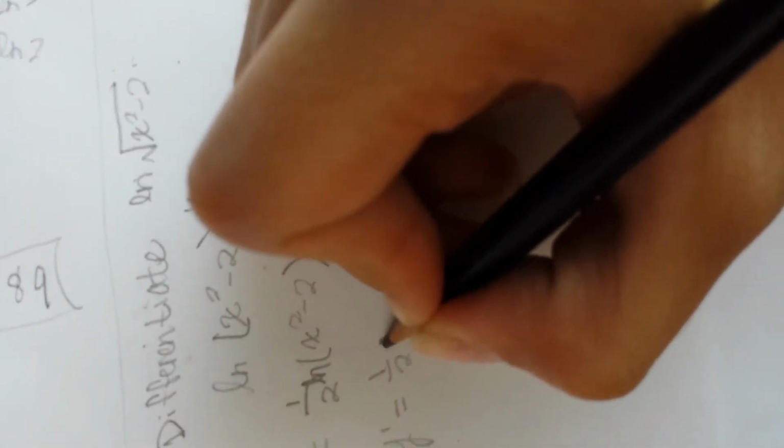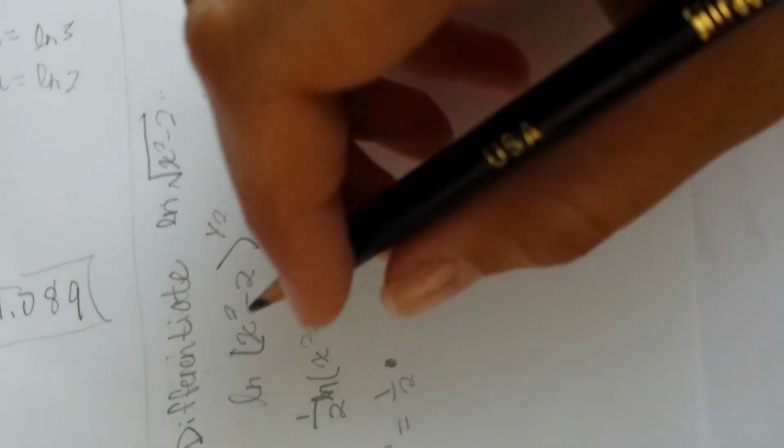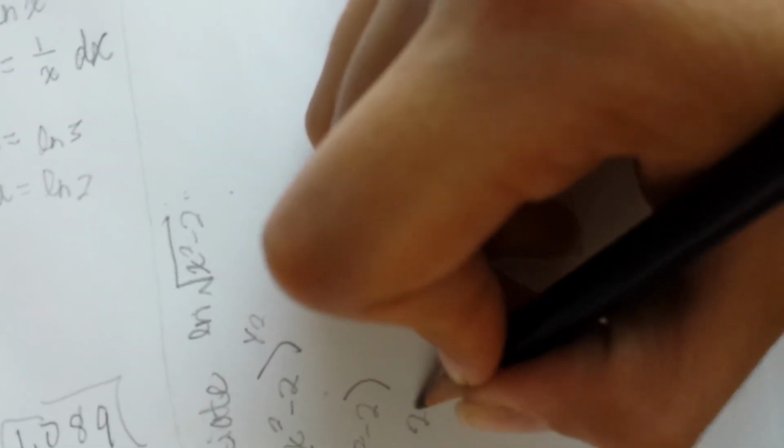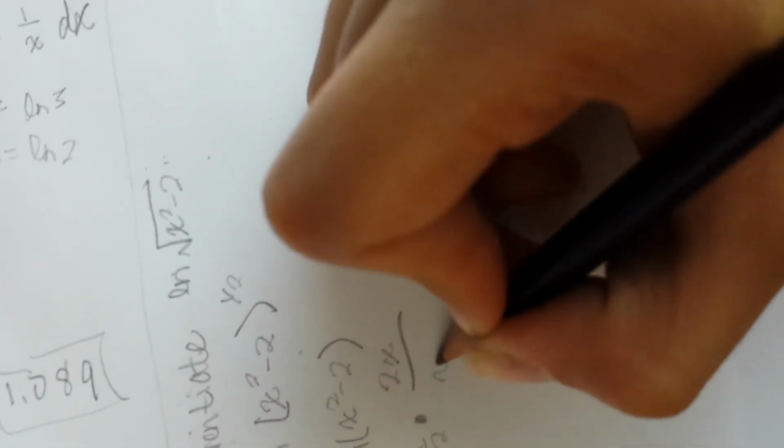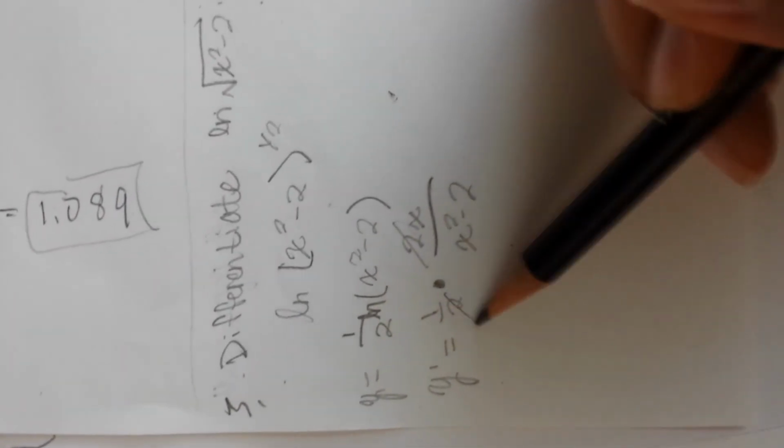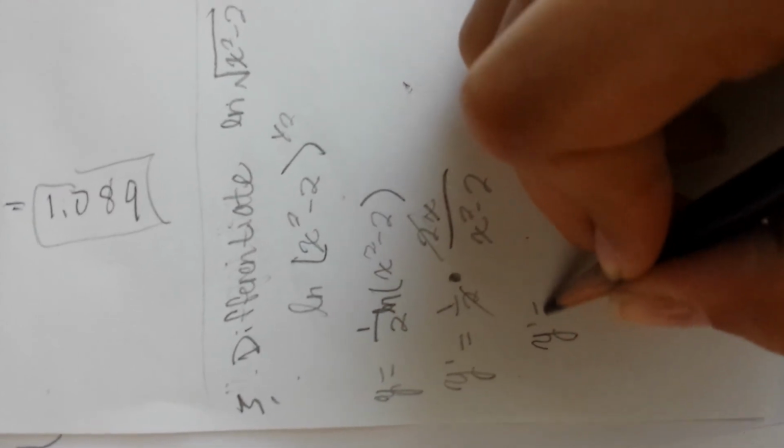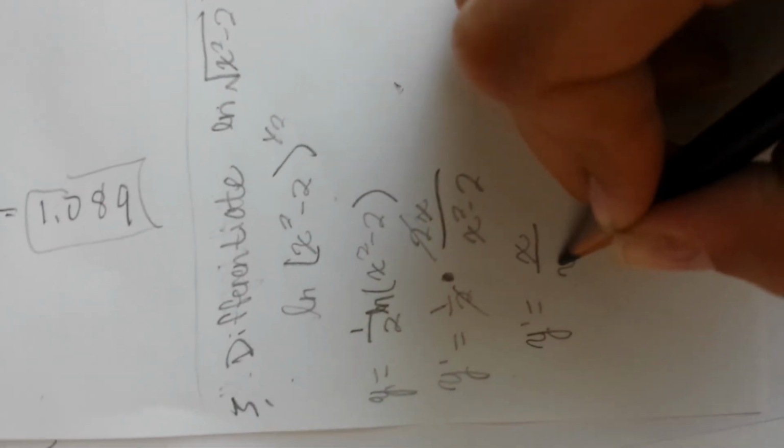So it would be 1/2 times 2x over x squared minus 2. So this is what you get, and then these 2's cancel. So then your y prime is just x over x squared minus 2, and that is your final answer.